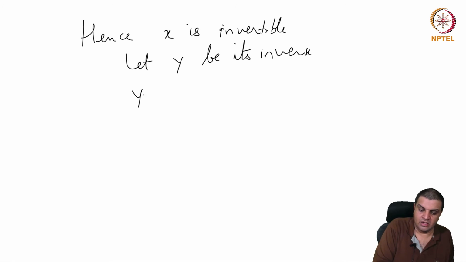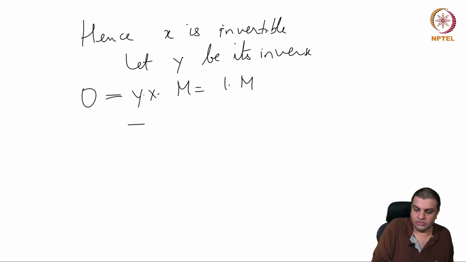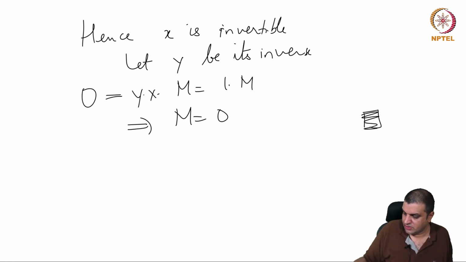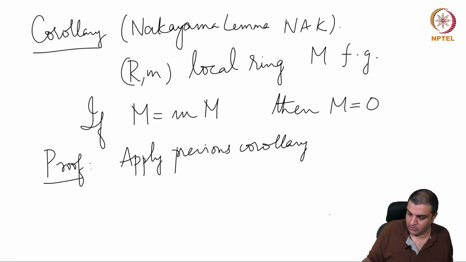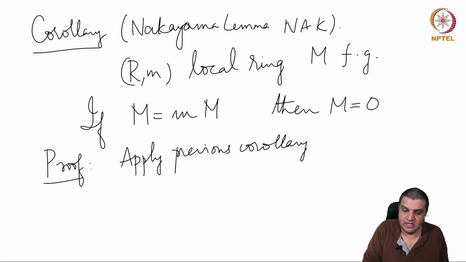Okay, so then Y times X times M is the same as 1 times M. On this side it is 0, so this is M. So it is this version that we often use as Nakayama's lemma in many applications. So if you have a local ring, a finitely generated module M, if M is equal to mM, then M is 0.